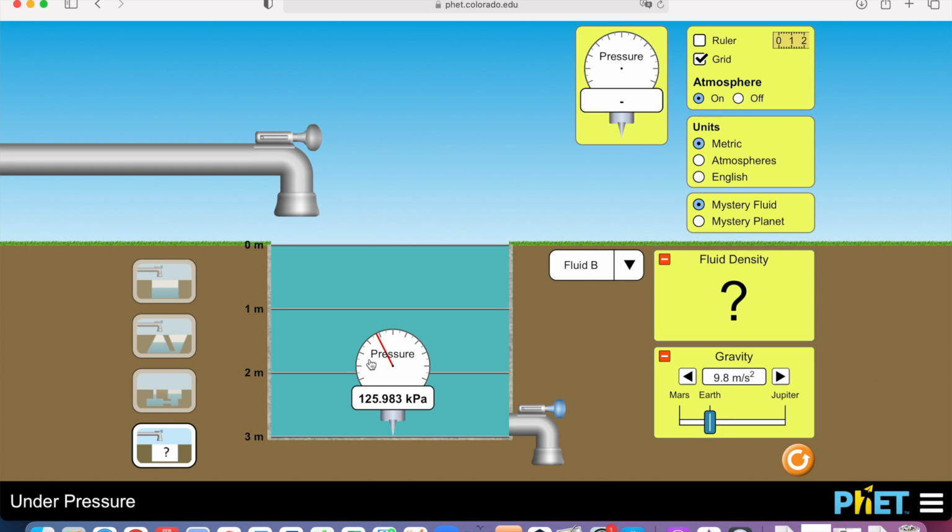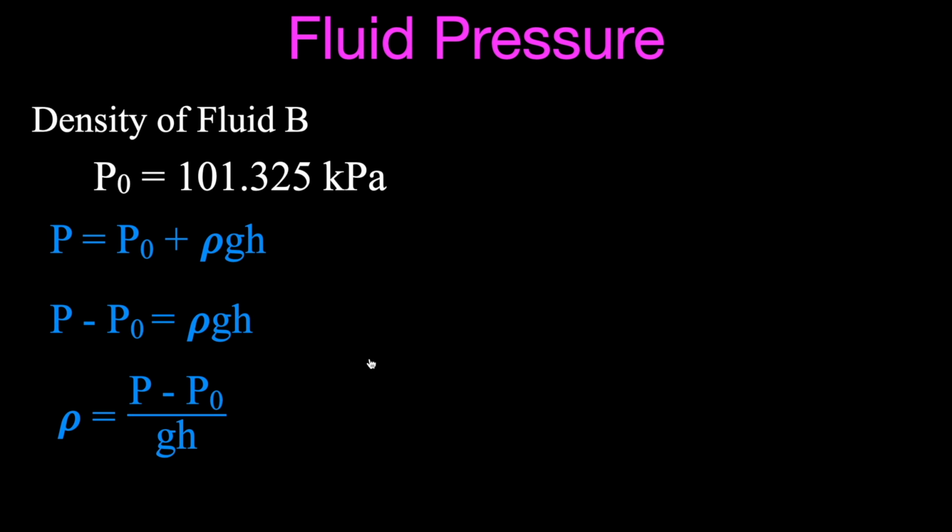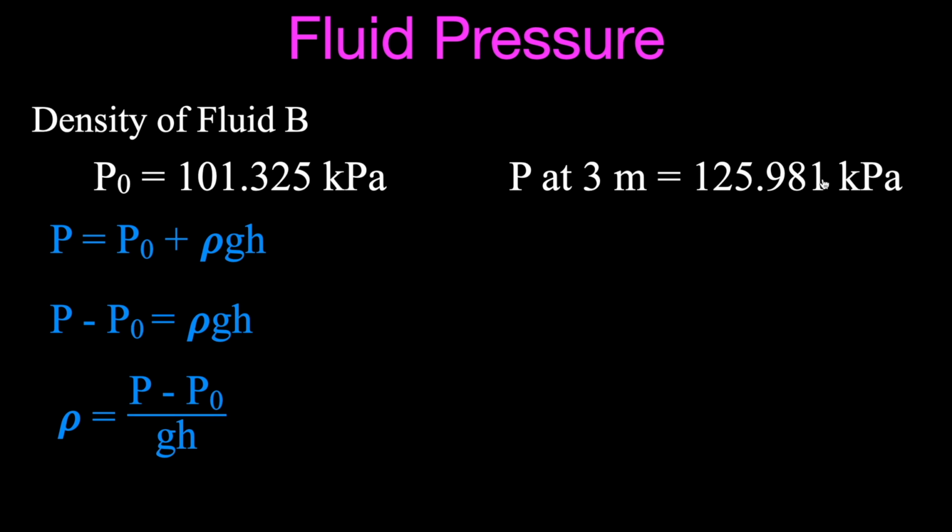Okay, so now we have everything we need, and we can go back to our presentation, and we have the pressure at depth. Now, when we measured it just there in the simulation, it said 125.983. When I prepared the presentation and made the measurement, it was 981. But 981 and 983 are basically the same thing, so it's not going to matter.